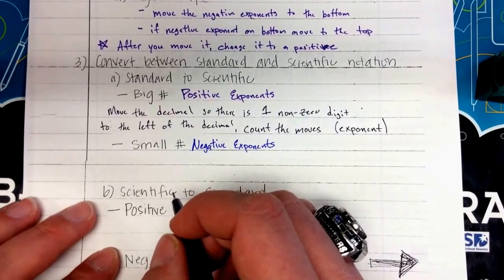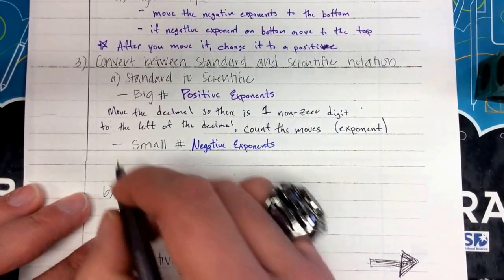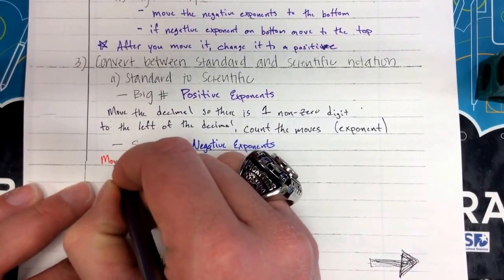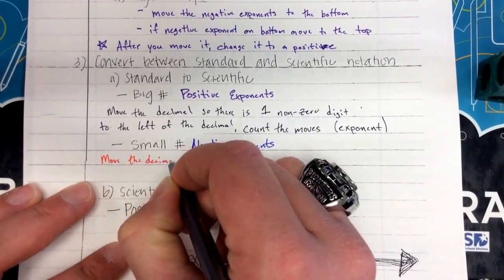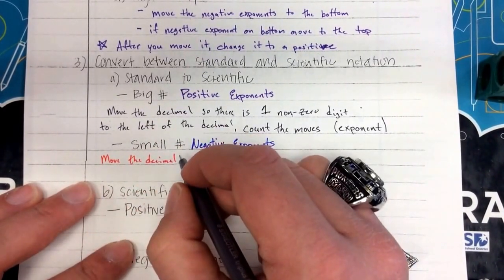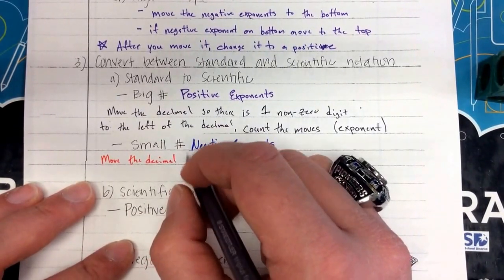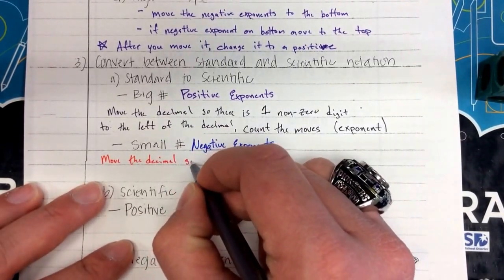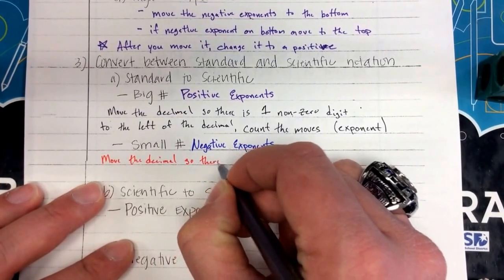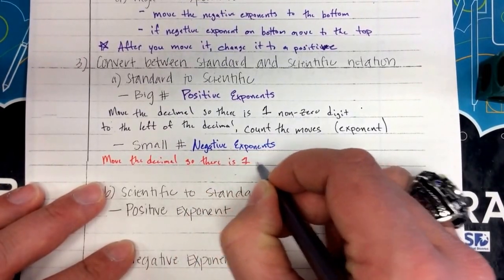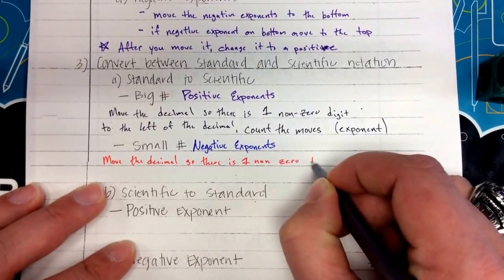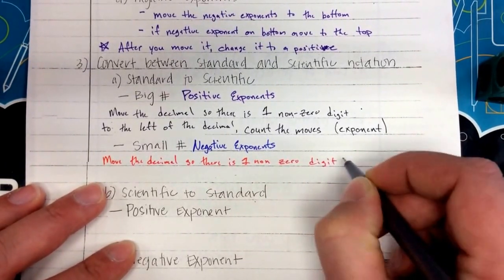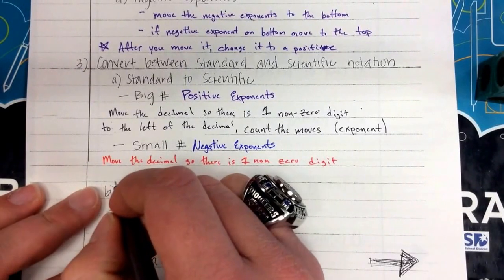So you're going to move the decimal so there is one non-zero digit to the left of the decimal.